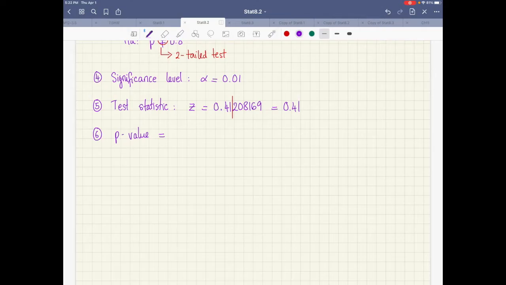And the p-value, I got 0.6803. This is the probability. I am going to round it to 3 significant figures. Again, if there is an instruction on how to round, please follow the instruction.